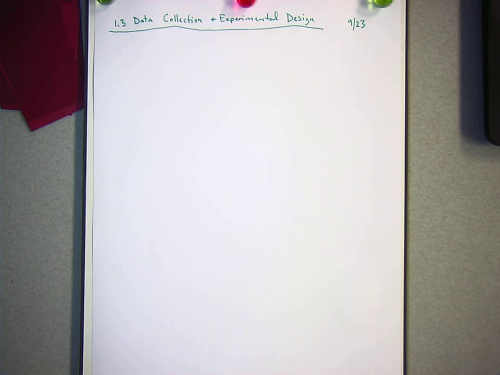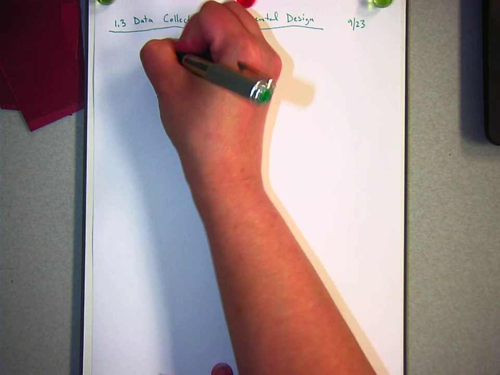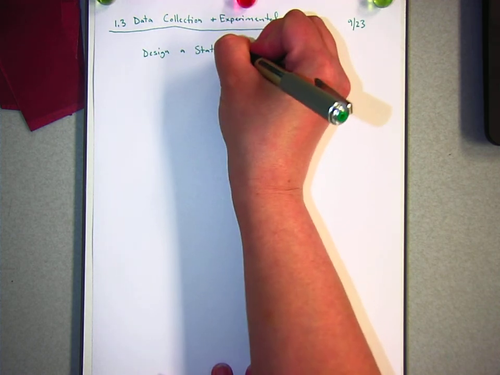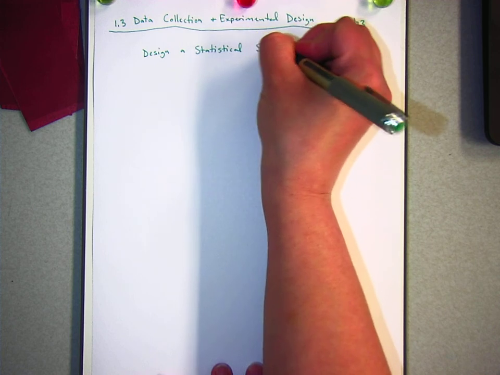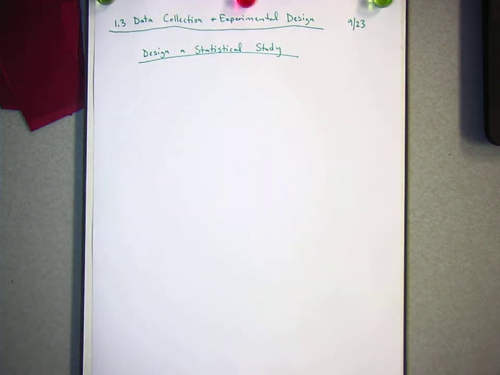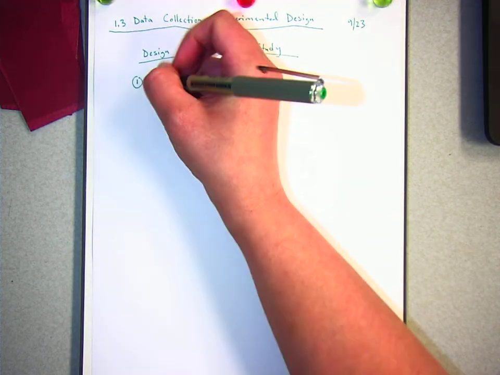Okay, so today we're talking about how to design a statistical study. There are 6 steps to designing a statistical study.